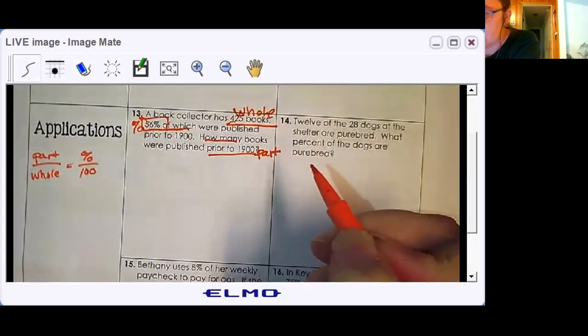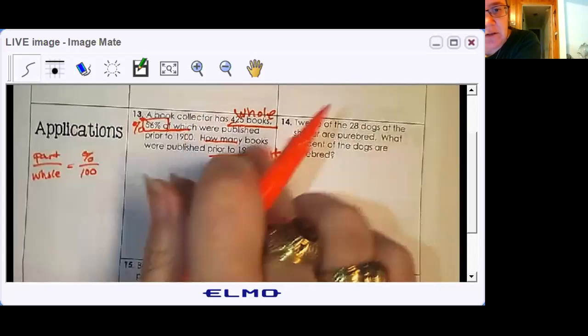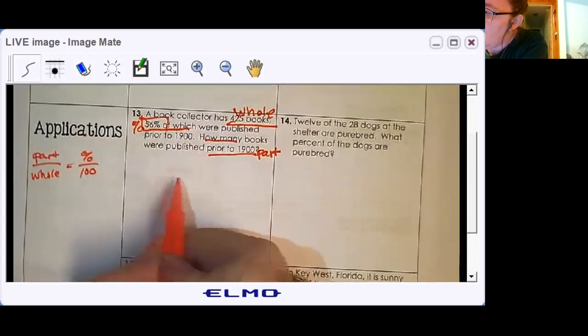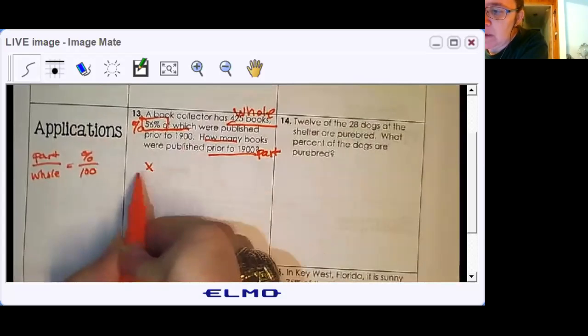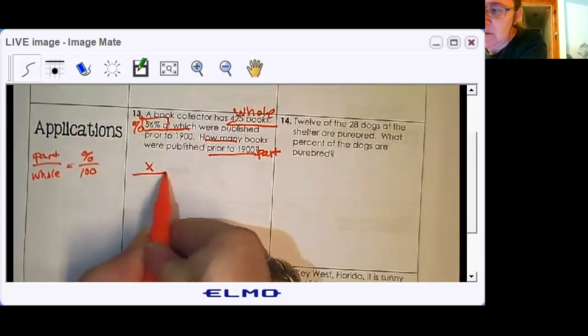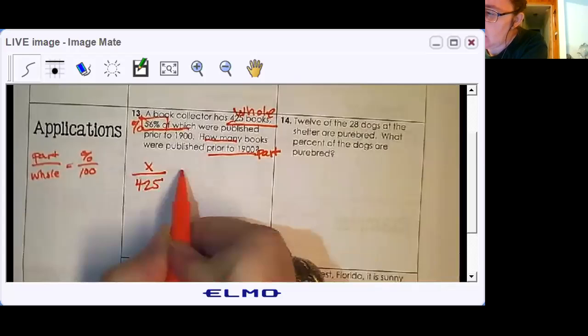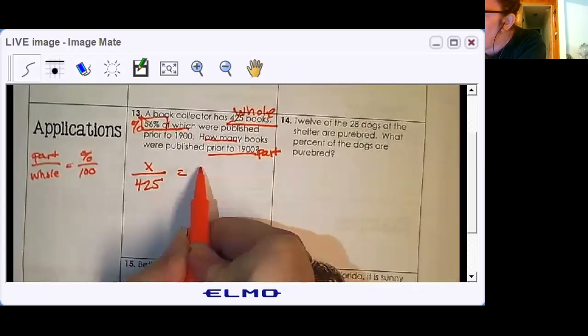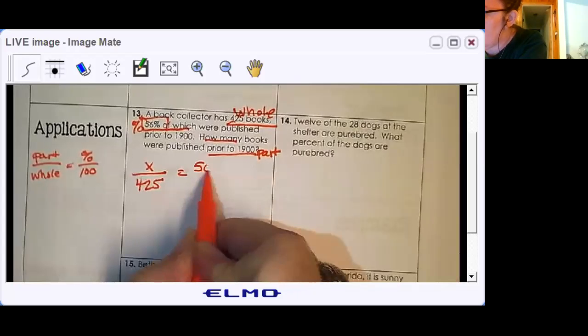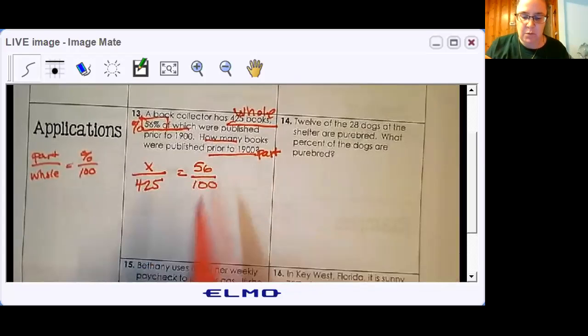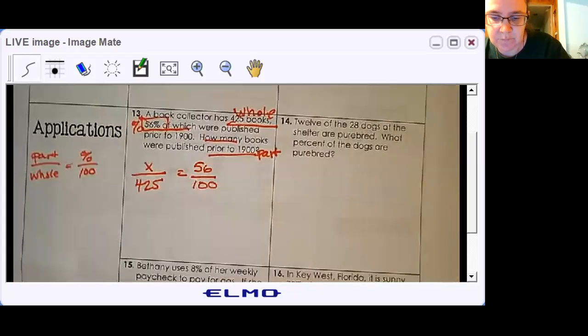Okay? So now that we've identified all our parts, we're going to put them into our formula. I don't know how many were published prior to 1900, but I have a total of 425 books in my collection, and that is 56% of my collection.